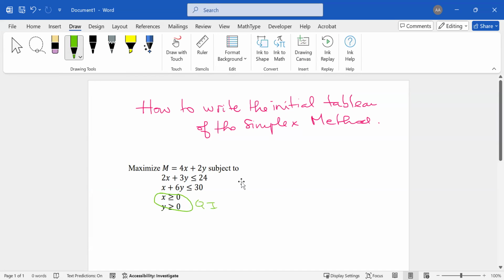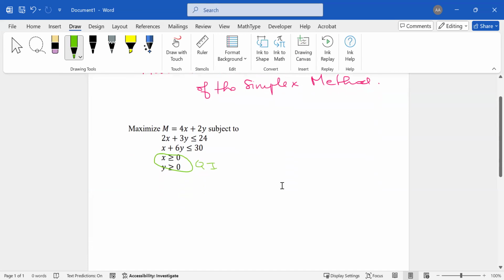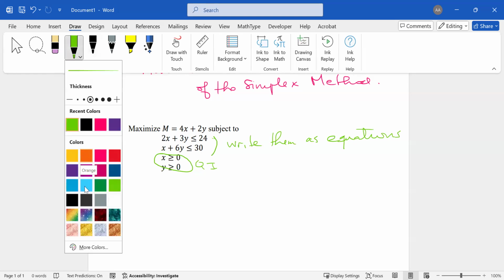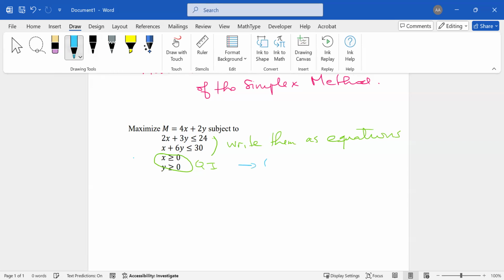the graphical method. Okay. So basically, to do it, we have to write all these as equations, right? So we have to transform each inequality to an equation. To do so, we have to introduce new variables, which we call slack variables.